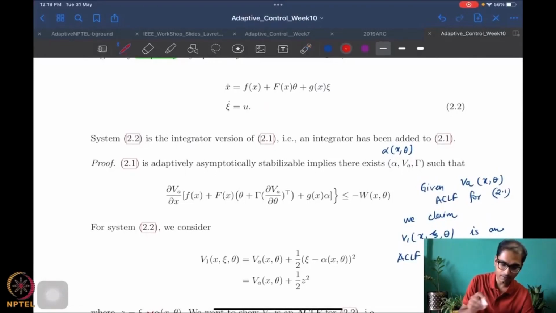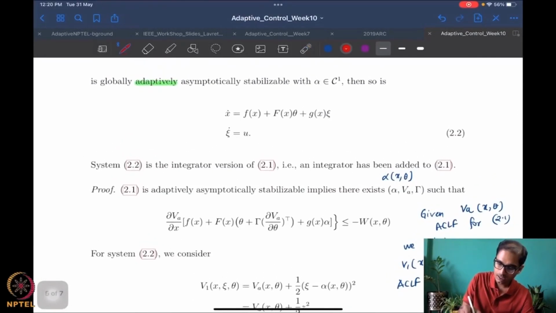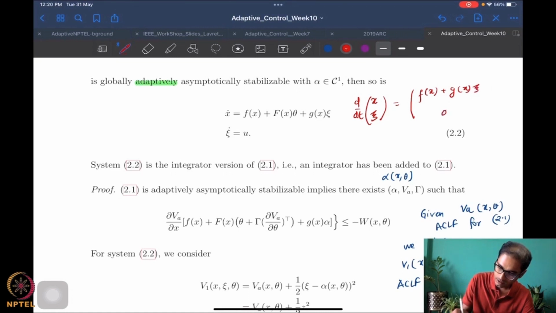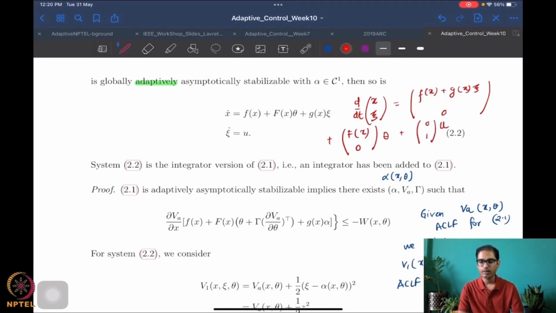So if I write this system out carefully, d/dt of xi is, the drift term is f(x) plus g(x) psi, and 0, plus the parameter term is F(x), 0 times theta, plus the control term is 0, 1 times u.